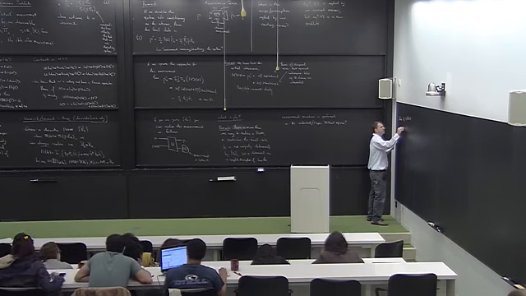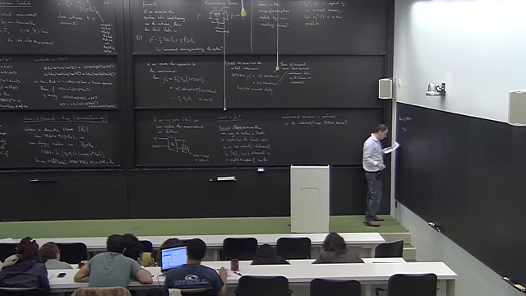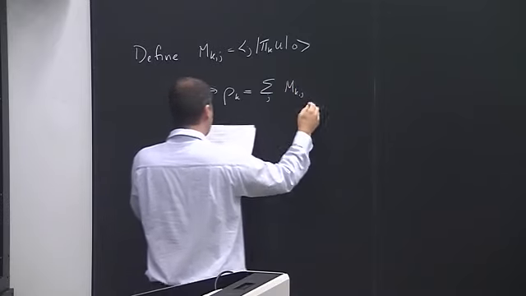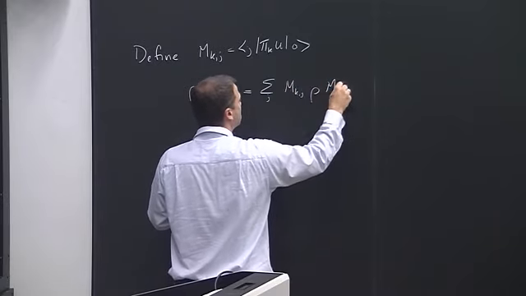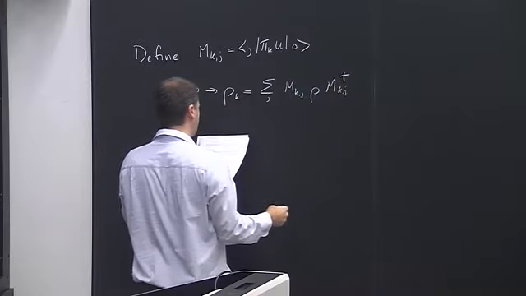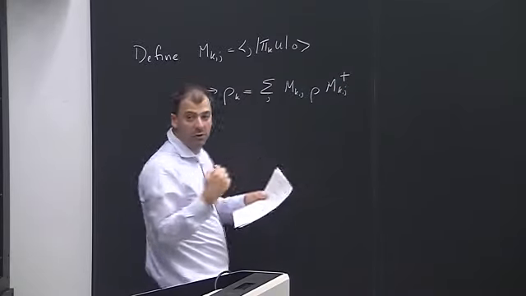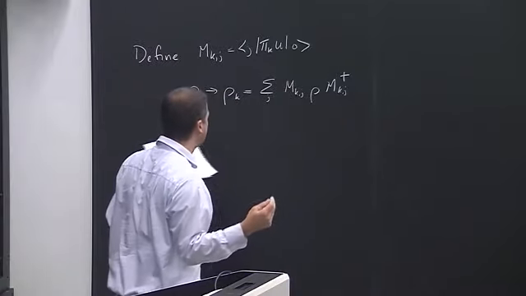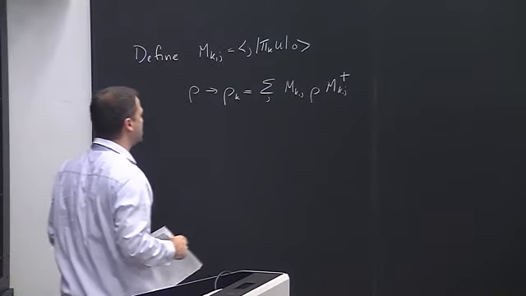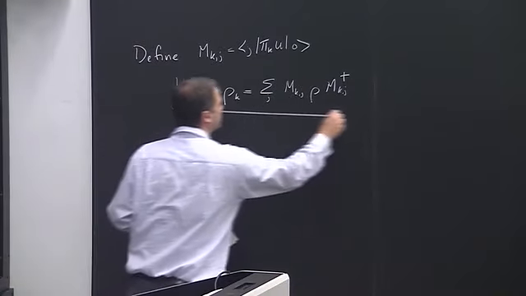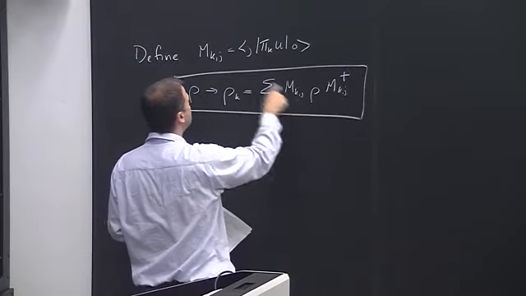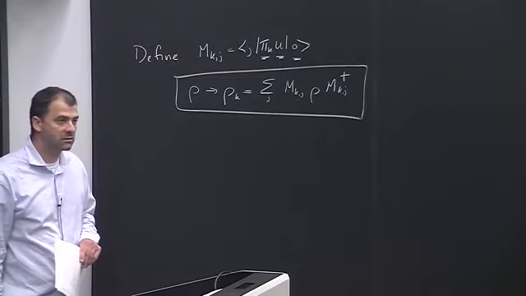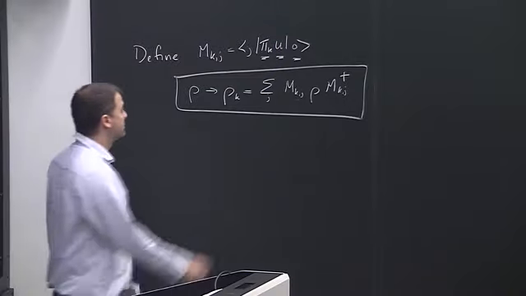And then we get that rho goes to rho_k, which is equal to the sum over j of M_{k,j} rho M_{k,j} dagger. And we want to normalize. Where's my normalization? Well, this is a subnormalized state. That's fine. Okay, so this is our update rule, where M_{kj} depends on the projector, the unitary, and the initial state of my apparatus. So these are my freedoms.